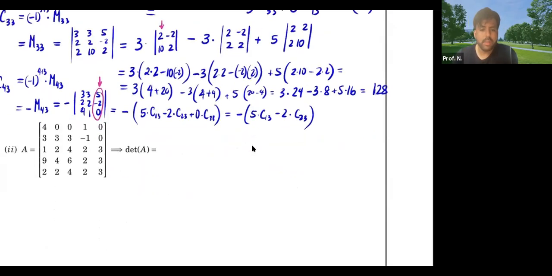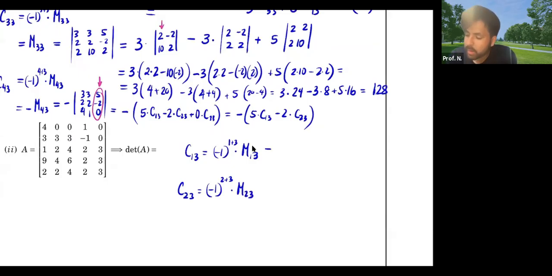So I really want to find what C13 is. C13 is negative 1 raised to the 1 plus 3 times M13. And C23 is negative 1 raised to the 2 plus 3 times M23.